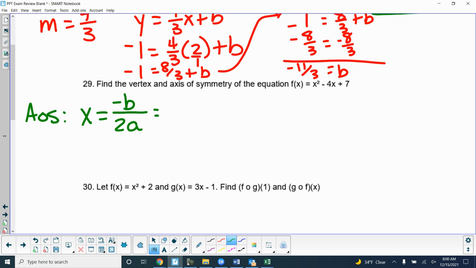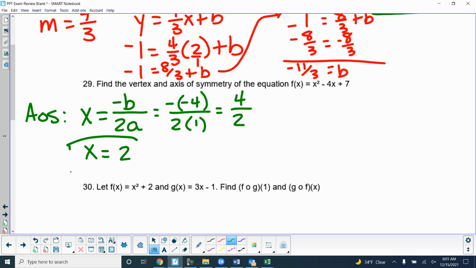So, negative b, what's b up there? -4 over 2 times what's a? 1. So the two negatives make it a positive 4 up top. 2 times 1 is 2. What's 4 divided by 2? 2. So there's that answer.